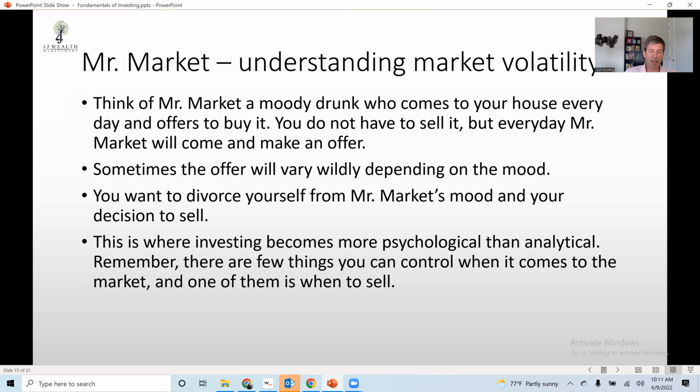But the reality is that unless you need the money today, it shouldn't really impact your long-term investing decisions. And that's why we focus so much on the financial plan and your time horizon and your liquidity needs, so that we can craft a portfolio that makes sense for you, for your financial goals and for your time horizon.